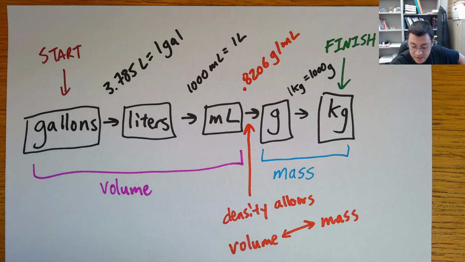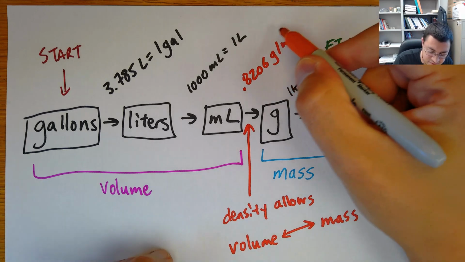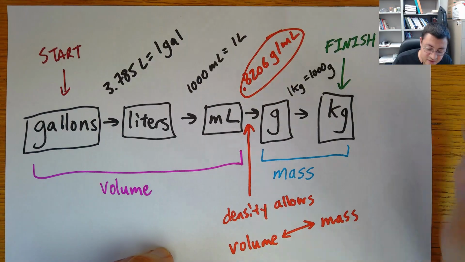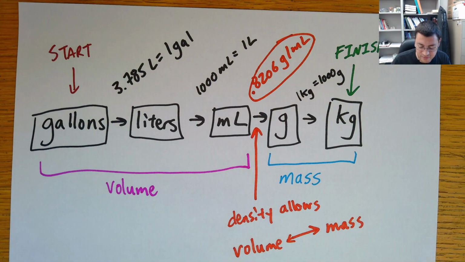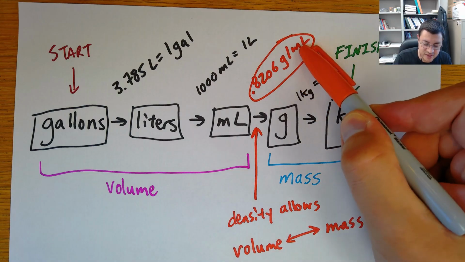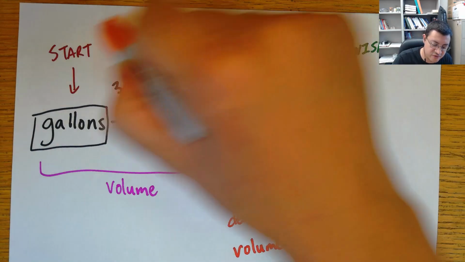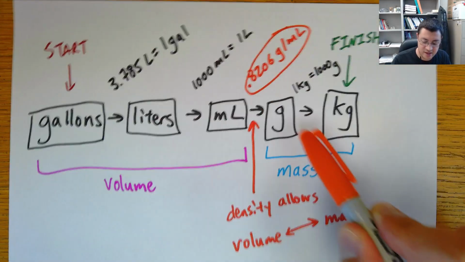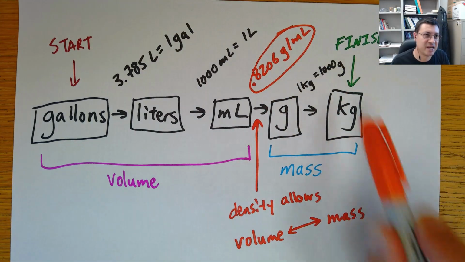All right. For me, the main first piece of information that I really hone in on is this density right here. They give that density, and what I really like about that density is it's grams per milliliter, which means it allows us to change out of the volume world and go to a mass-based unit.